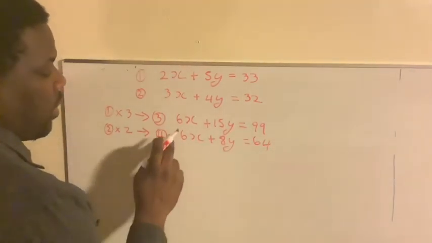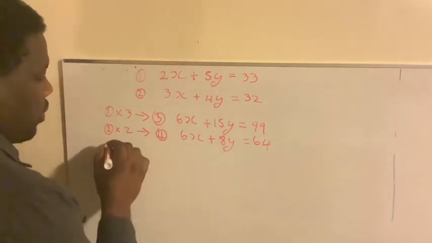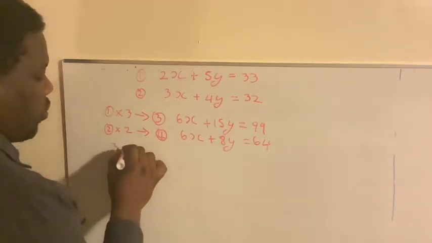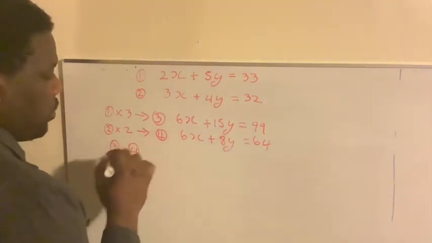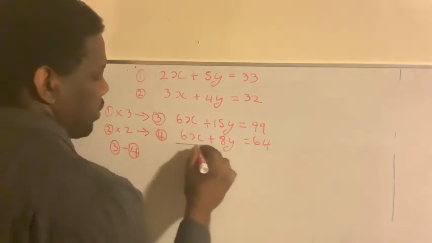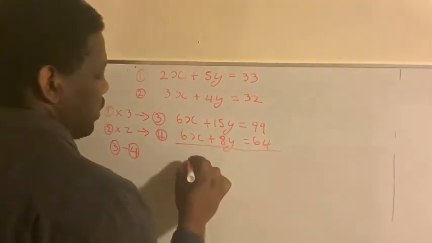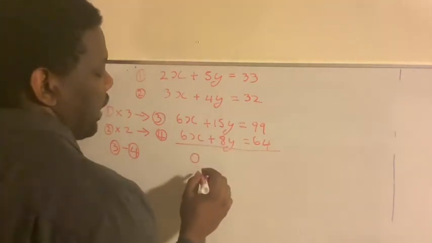Now we can cancel out one of the variables. So let's do equation 3 subtract equation 4. 6x take away 6x. That gives us 0. 15y subtract 8y.